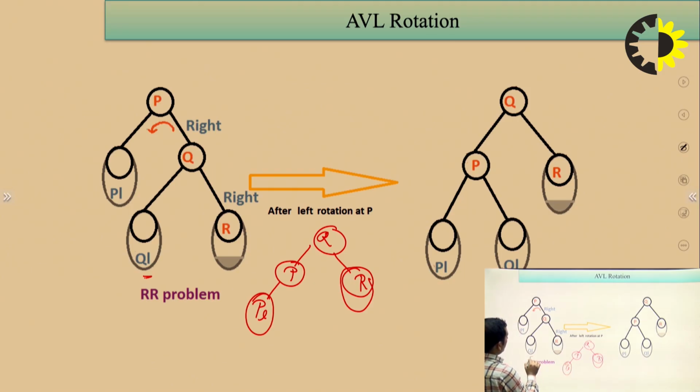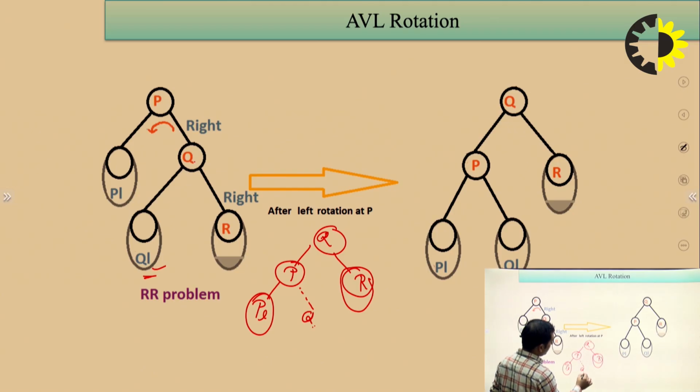Now, the tie up for the Q left side, where to attach? See P, QL: all the values in this particular QL are greater than P and less than Q, meaning this particular location.